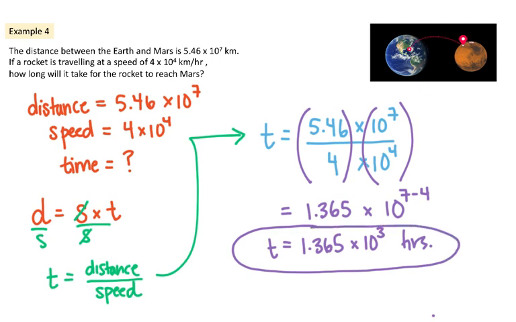That's a lot of hours. If you wanted to get the number in standard notation, you would just move that decimal place 3 places and you would get 1,365 hours. Okay.